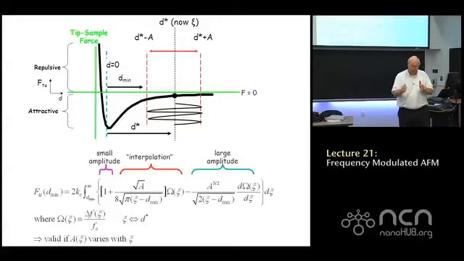And the reason the force you infer is at the minimum point in the cycle is because that's where the tip is basically spending all of its time, right?